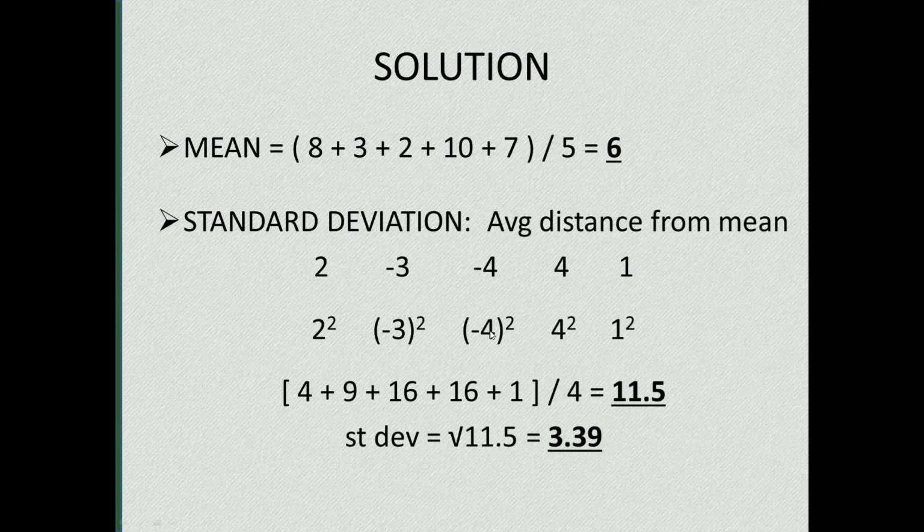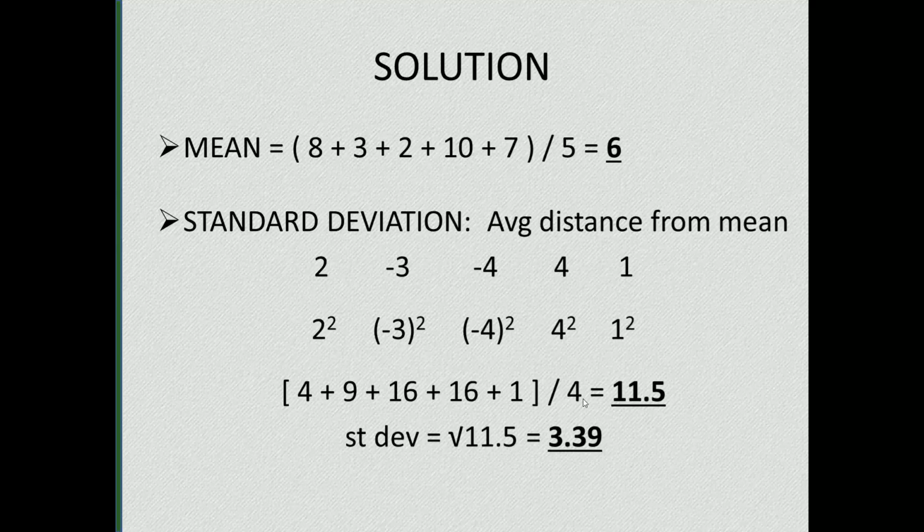We square them to keep the negatives from canceling the positives, and average those. I hope you heard the air quotes in my voice around the word average. Yeah, we add them up, but we don't divide by 5. We divide by number of data minus 1, n minus 1. Why?